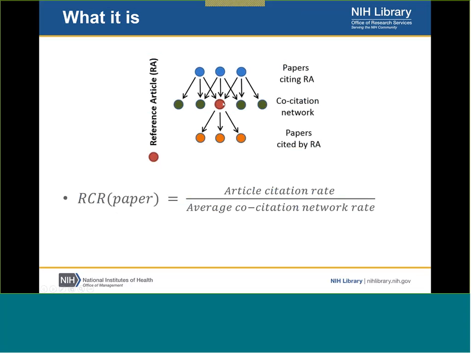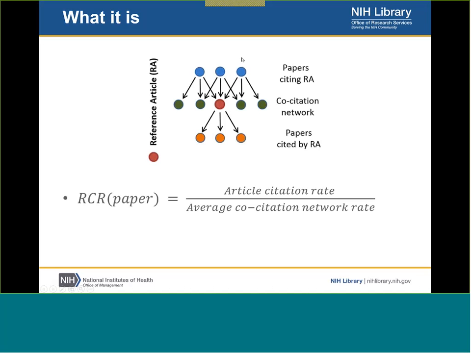Let's say that the red circle is your article. The orange ones are the articles, the references that you put in your article. And the blue ones are the articles that cite your article, so the citations that you get. And they can cite other articles as well. So here we form a co-citation network.